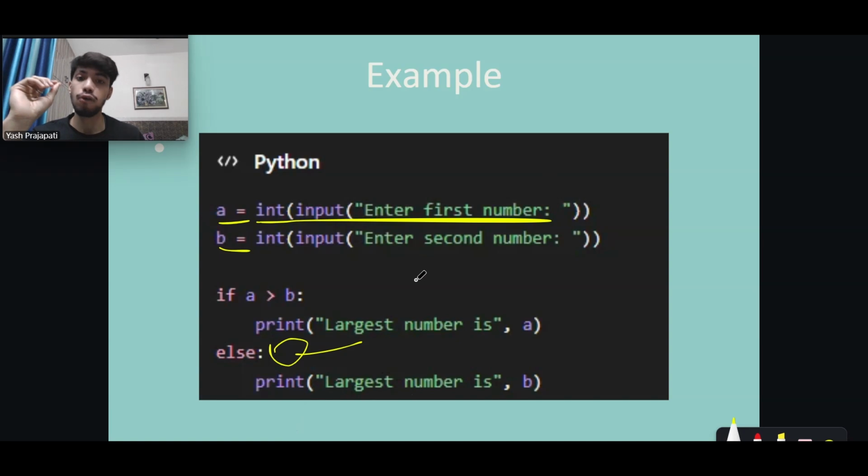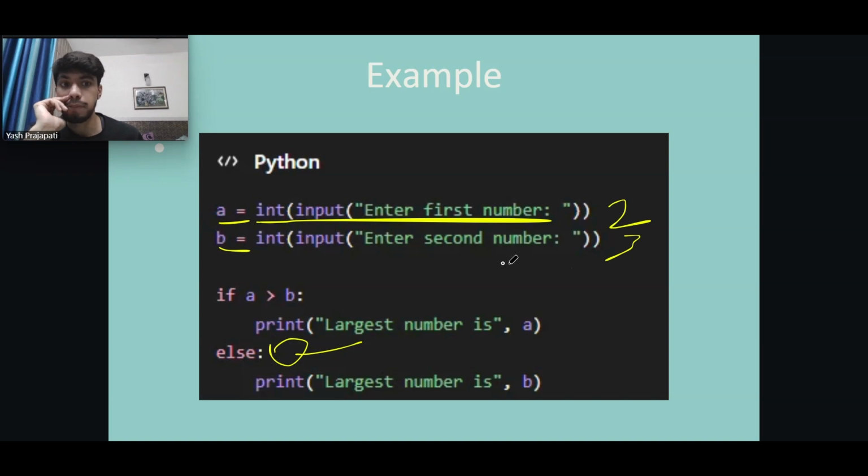Then, for example, let's take inputs. Let A be 2 and B be 3. So A is 2 and B is 3.